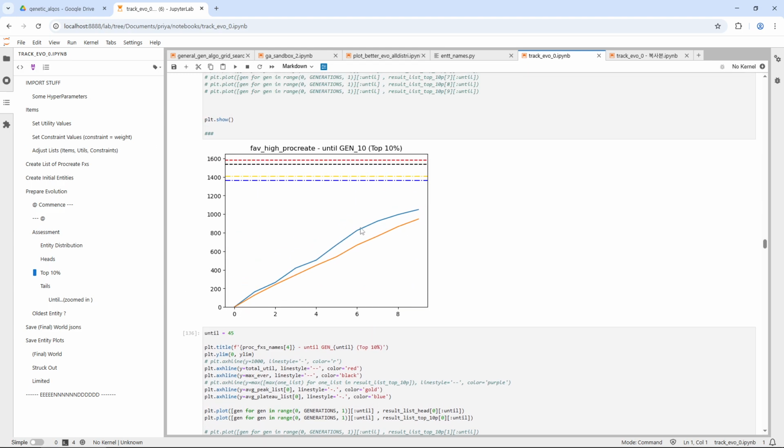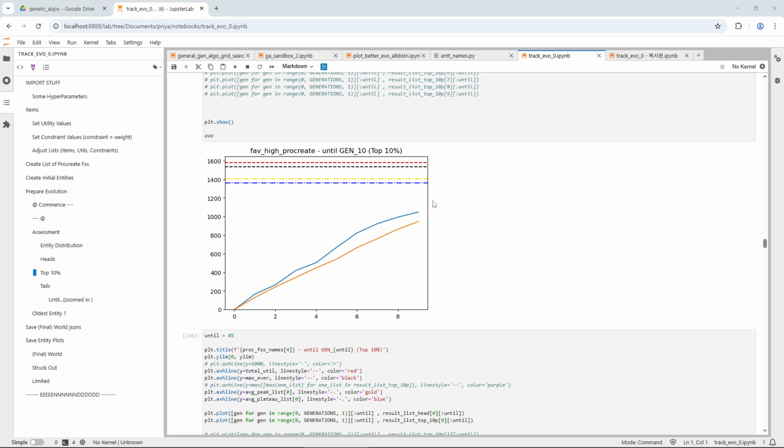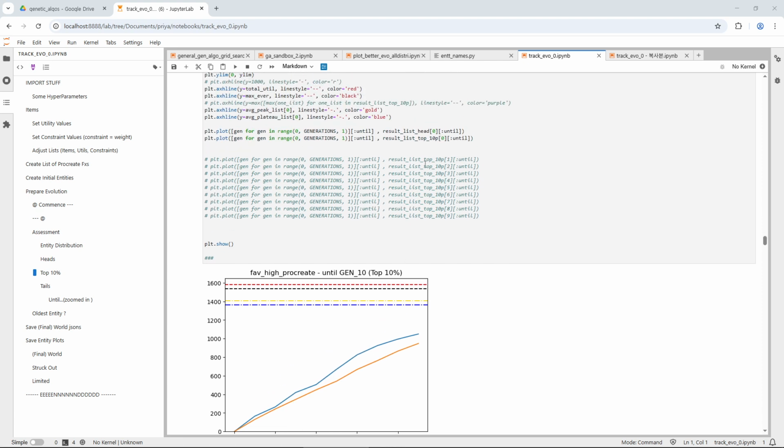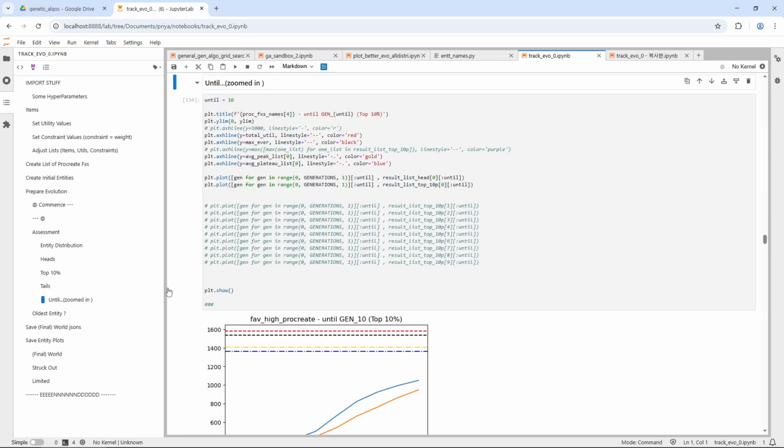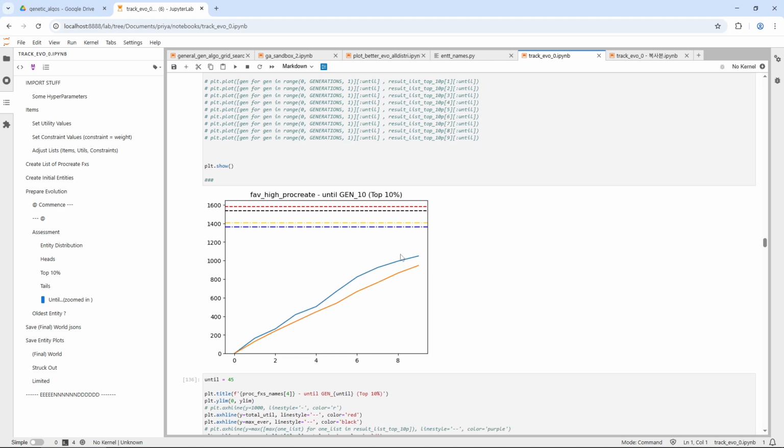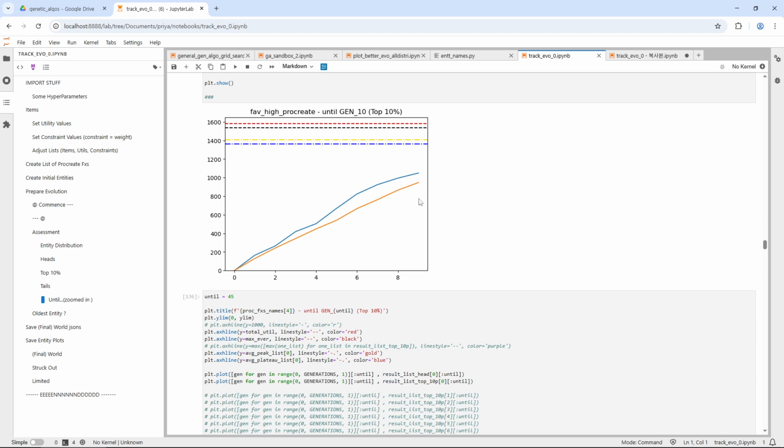And for example, in this one, there are 2 lines here, because the blue one is, when I zoom in, the sum utility value for the heads, but until generation 10, and the orange line is the sum utility value of the top 10% average.